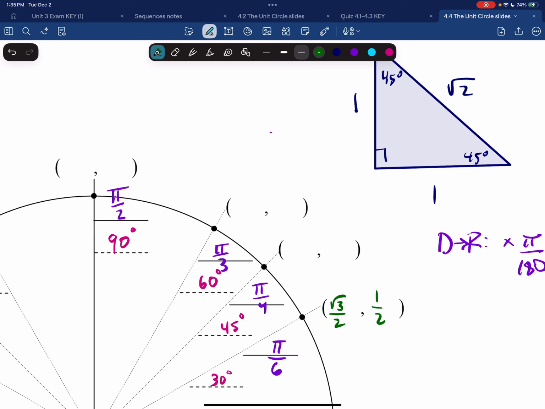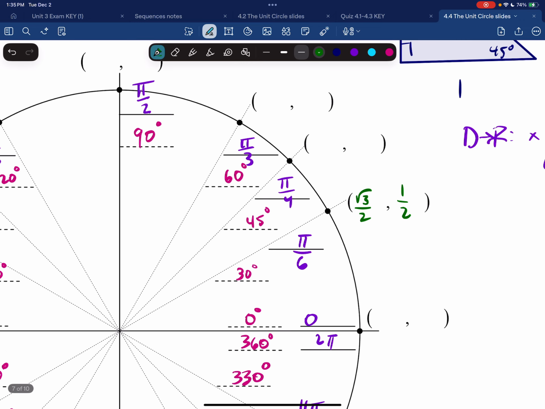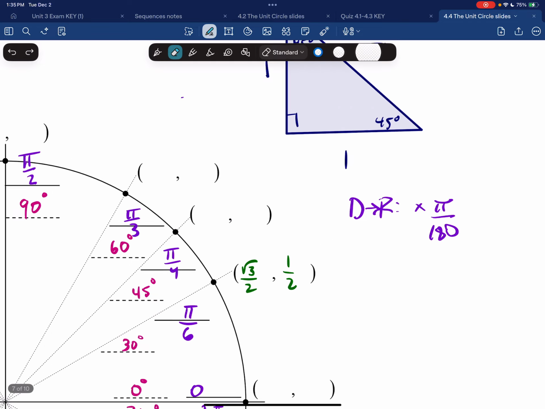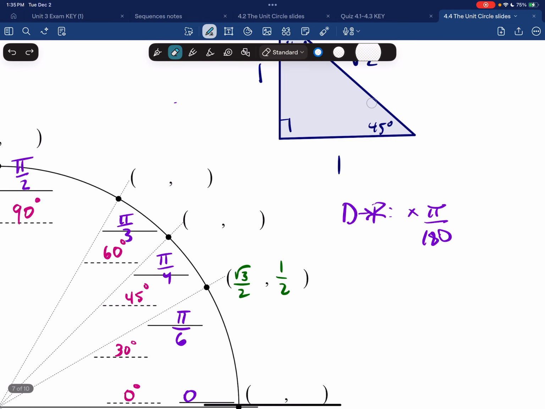Cool. Now we're on to our 45-degree angle. So same idea, I could build a triangle out of this. This would be a 45, 45, 90 triangle. I already have that drawn, so I'll just use the one I drew in the upper right-hand corner here, and we're looking at it from the perspective of the 45-degree angle.